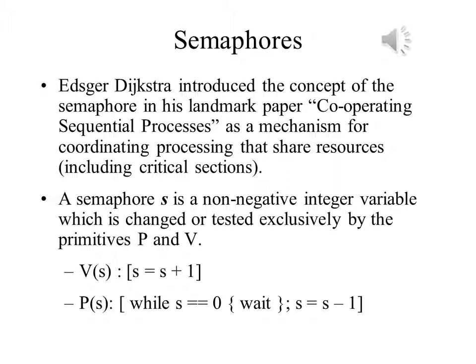V of s was simply a matter of incrementing the semaphore, but P of s involved waiting as long as the semaphore was 0, and then decrementing it. This meant that if a process found the semaphore with a value of 0, it would wait until it was 1, and then it would reset it to 0. This is how the wait and signal operators are implemented.